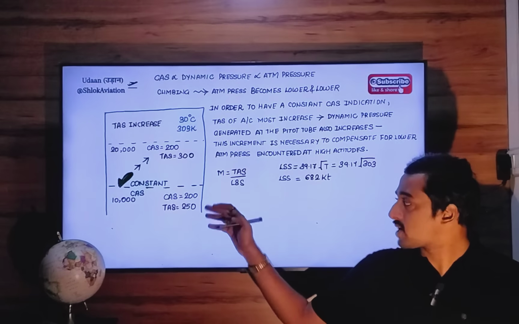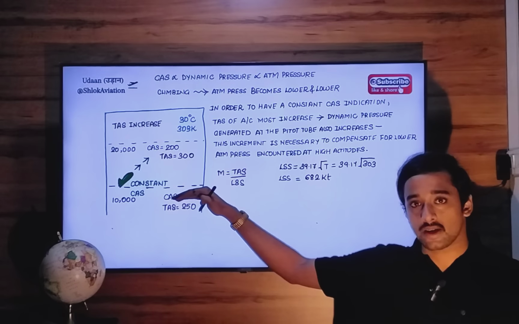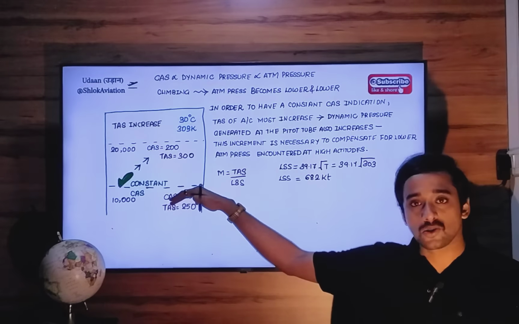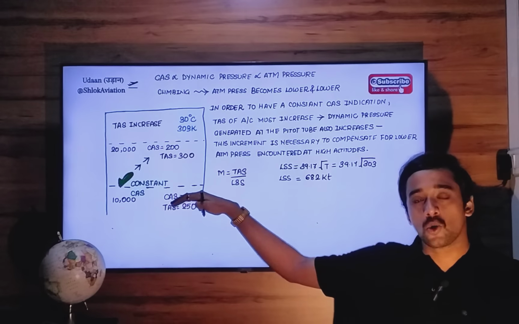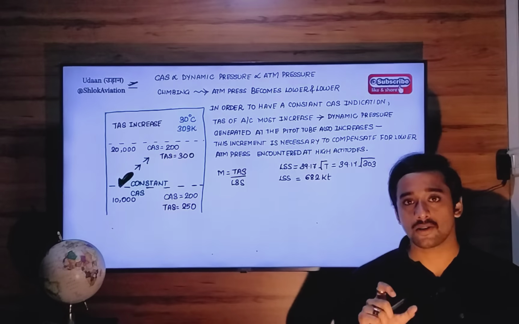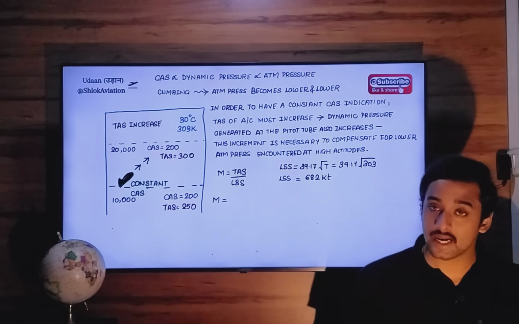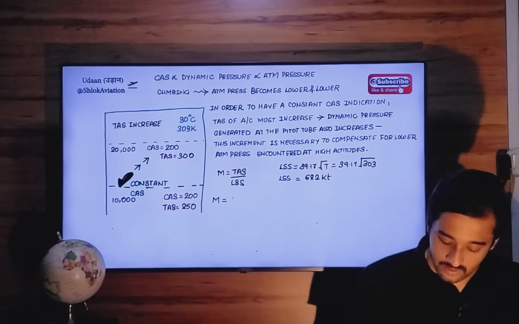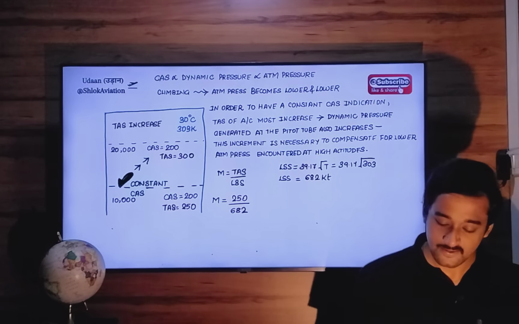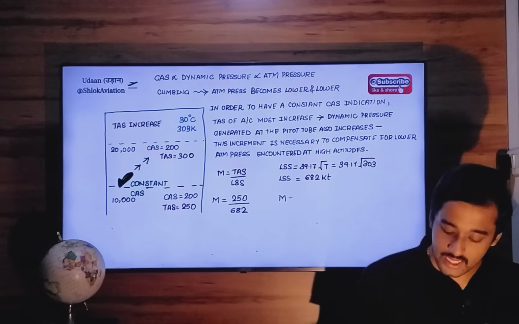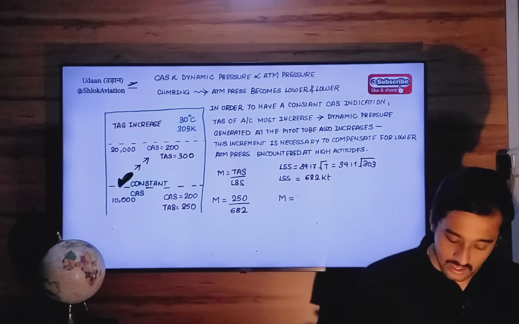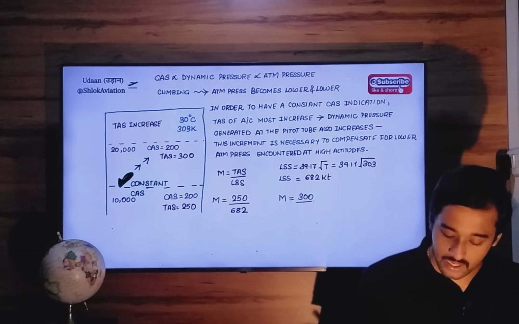So local speed of sound, 682 knots, is constant. Even if you are at 10,000 feet, it is the same value. You go to 20,000 feet, local speed of sound is still the same. What will happen to Mach number? Initially at 10,000 feet, the Mach number will be 250 TAS divided by 682 local speed of sound. When you go to 20,000 feet, Mach number will be 300 knots TAS divided by 682.